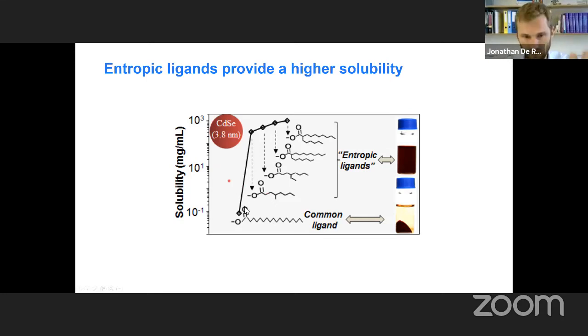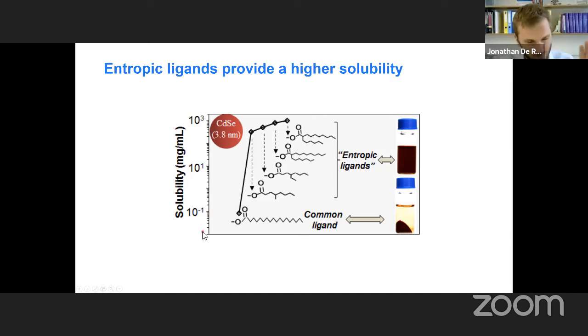A common ligand, he said, is stearic acid, for example, a carboxylic acid with a C18 chain, and that crystallizes very well. So how can you stop it from crystallizing? By adding branching points. And by only adding one branching point here, you really catapult the solubility from very low to very high. This is orders of magnitude. Note, this is a logarithmic scale.